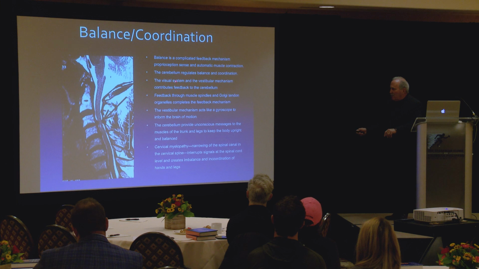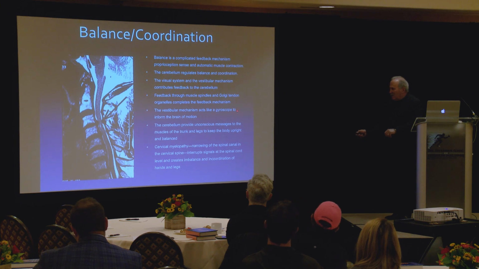So if you have visual problems or vestibular problems, you can have problems here. Feedback through the muscle spindles and Golgi tendon organelles completes the feedback mechanism. So where can you stop that and still have all of these intact? Right here, where you have cervical compression of the cord and myelopathy. So you have to start thinking about this.